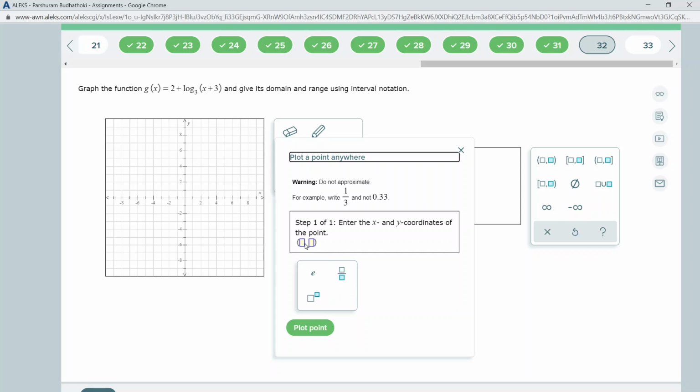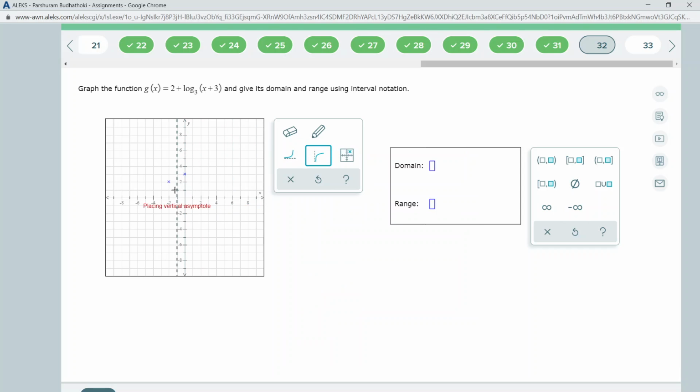Negative 2, 2 and 0, 3, and now I need to choose the vertical asymptote, which is x equals negative 3, this one, and this is the first point, and this is the second point.